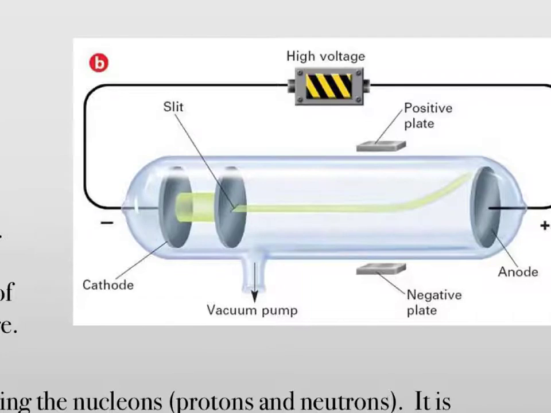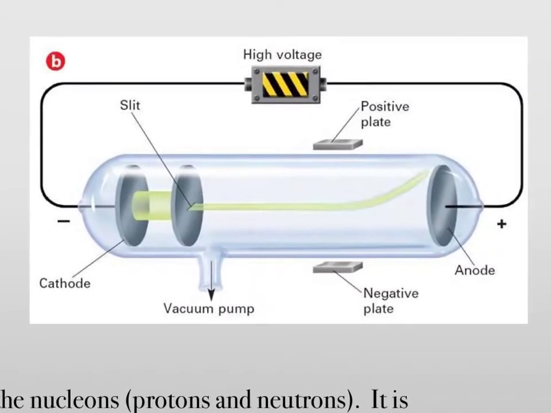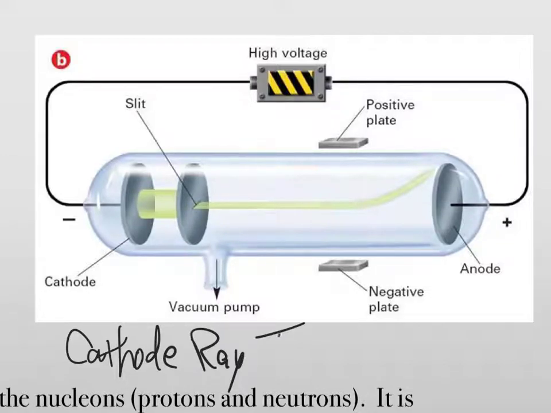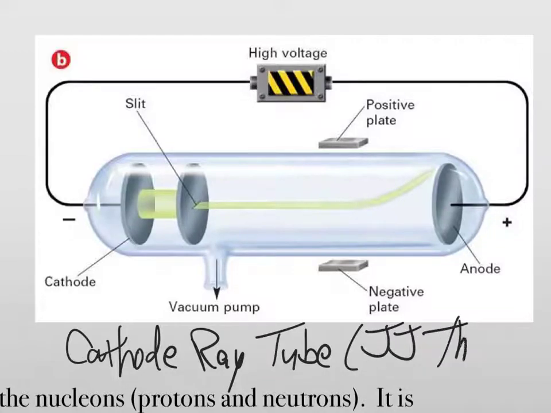This image here shows how the electron was actually discovered. It is called a cathode-ray tube. And it was used by a man named JJ Thomson in the late 1800s.